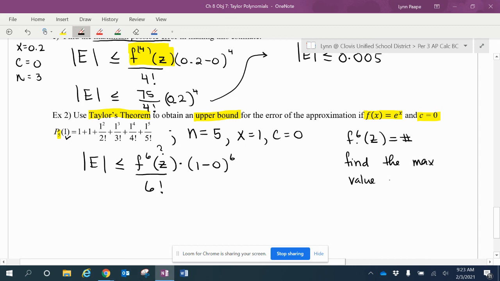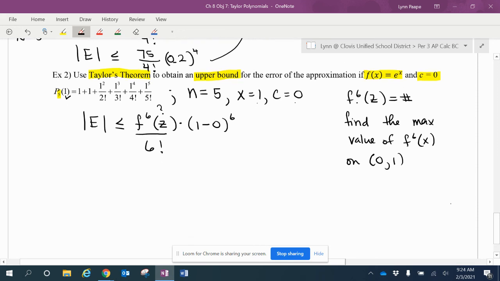And we have to find the maximum value of that on the interval of x and c. So on the interval from 0 to 1, we have to find that value. Okay? So that means we have to go out to the 6th derivative. So that's what we're going to do over here.